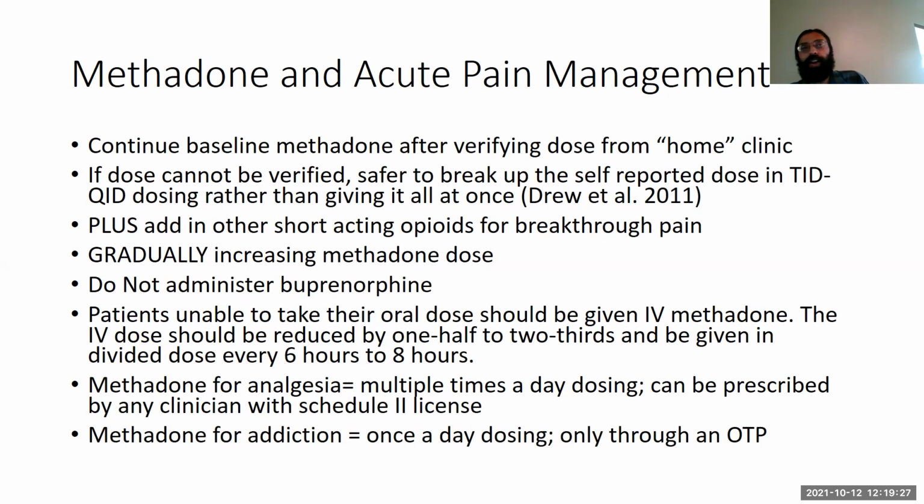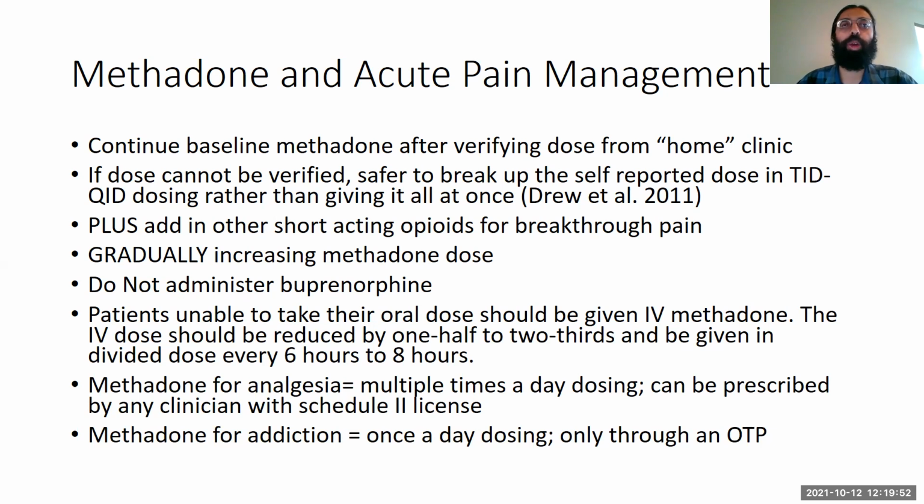If the dose cannot be verified, say it's the weekend and the methadone clinic is closed, it's safer to break up the self-reported dose in 3 or 4 times a day dosing rather than giving it all at once. And because methadone is a full mu agonist, to address additional acute pain management needs, you may actually add in other short-acting opioids for breakthrough pain, and you can gradually increase the methadone dose.